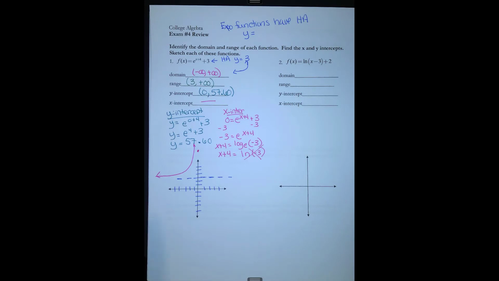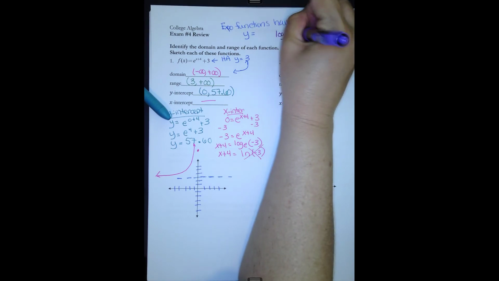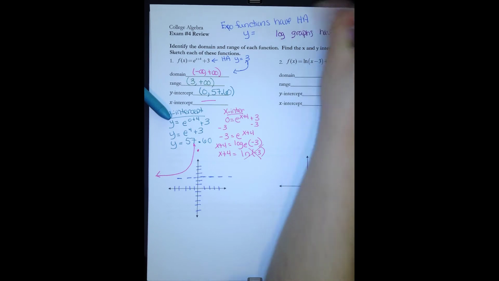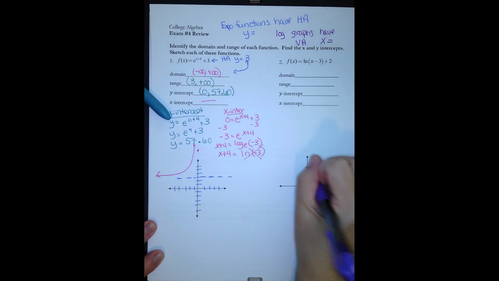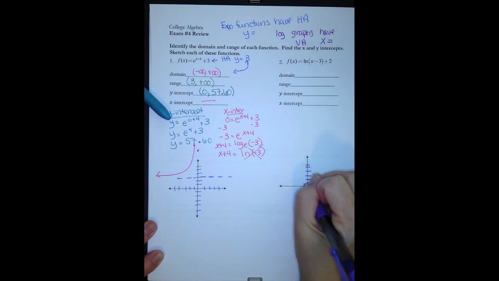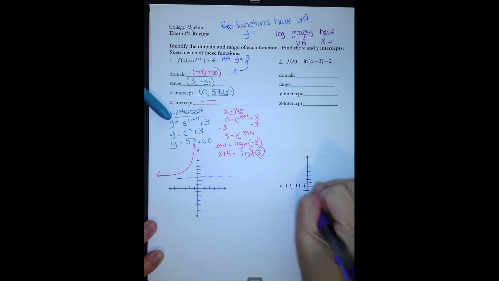So if we looked at number 2, where we have our logarithmic equation, and if we remember log graphs, have vertical asymptotes, and they're going to be at x equals something. So if we're kind of looking at our equation right now, we have f of x equals the natural log of x minus 3 plus 2.